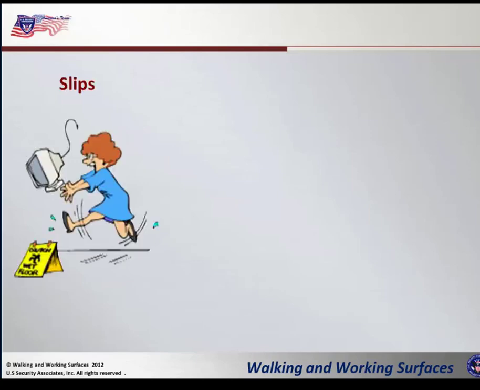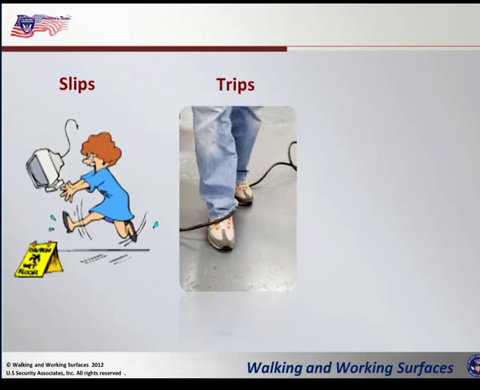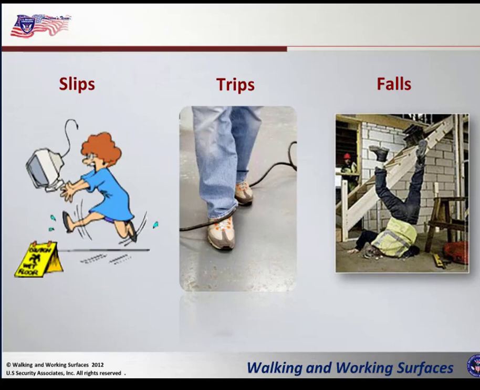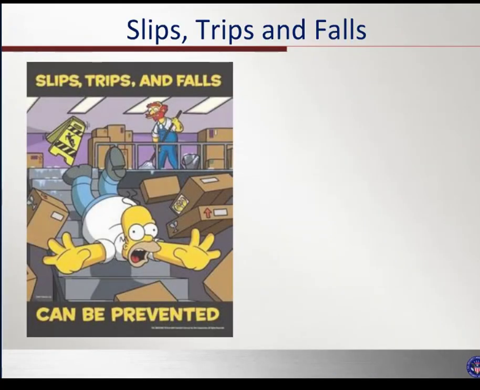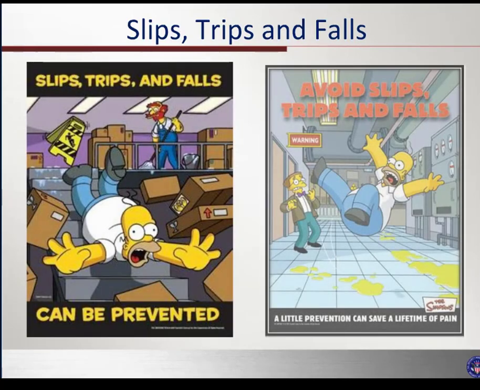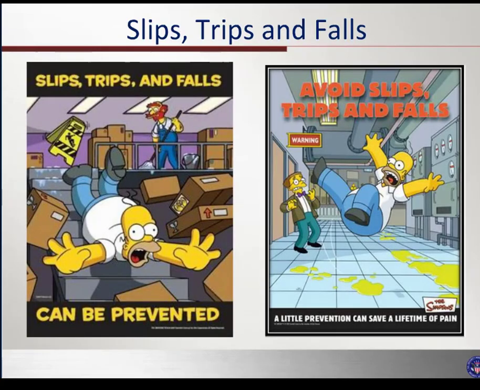When we're considering slips, trips, and falls, this course is going to tell you what you can do to try to prevent these things from happening in the course of your rounds. We laugh when we look at these pictures, but Homer Simpson has it right. Slips, trips, and falls can be prevented.